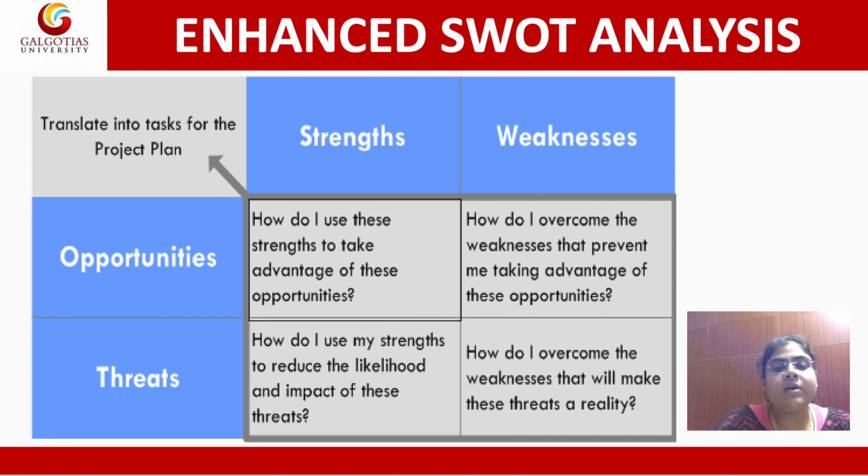How should an organization overcome its weaknesses by taking advantage of the opportunities which it is getting from the outside world? Also, the last box in the matrix shows how do I overcome the weaknesses that will make these threats a reality. How should an organization overcome the weaknesses, right?